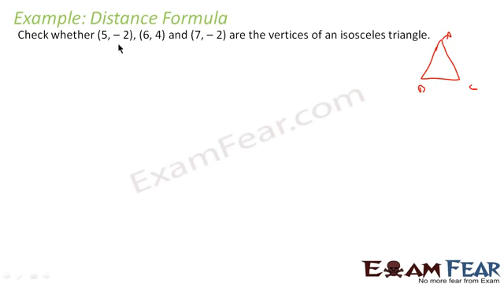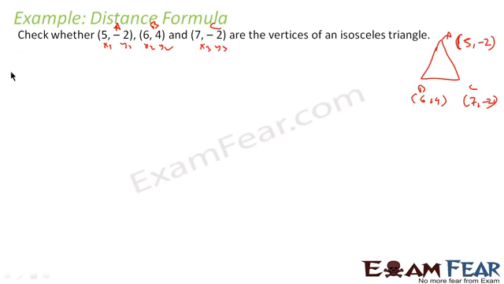So let these be points A, B and C. A is (5, minus 2), B is (6, 4) and C is (7, minus 2), with coordinates x1, y1, x2, y2, x3, y3.